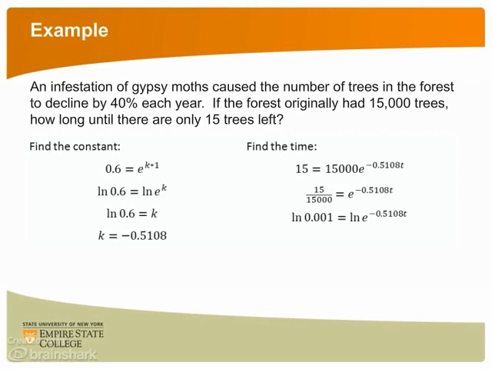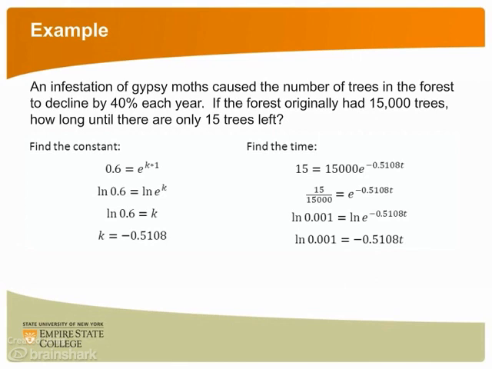Take the natural logarithm of each side. Note that we calculated the 15 divided by 15,000 and got a result of 0.001. We could have left the division as a fraction, but the result was a nice decimal, so we chose to change to decimal notation. As always, natural logarithm cancels out the e.